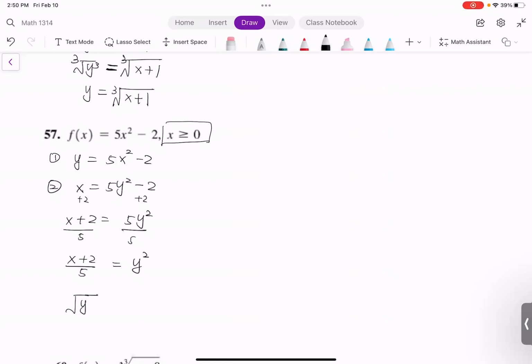So the square root of y squared equals, here you must be careful. We have learned that when you square root a variable, you must have a positive or negative solution, right? Square root of (x plus 2) over 5. And then we have y equals positive or negative square root of (x plus 2) over 5. Is that my solution? Can I replace the y with the inverse function of f?